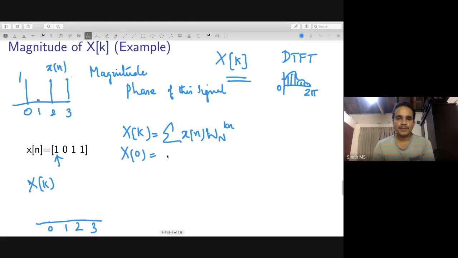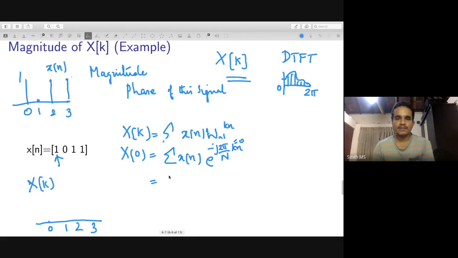So X[0] is sigma x[n] W_N, which is e raised to minus j 2 pi by capital N into kn, and k is 0 here. As k is 0, all these terms for different values of n will become 1.